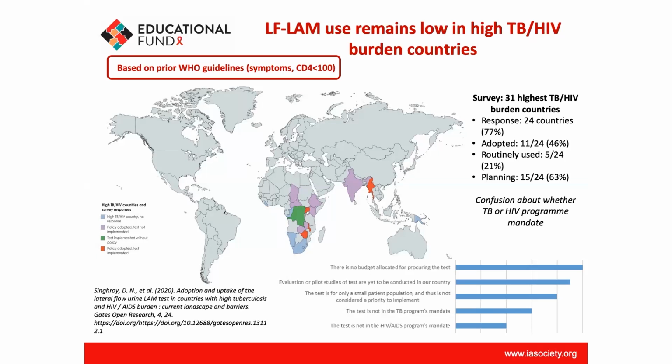The use of the test being in a very restricted population, which will have improved now with the expanded recommendations. And also there being confusion about whether it was the TB or HIV program's mandate to implement the test. And really it's about both programs integrating their approach to LAM and being responsible for the use and uptake.